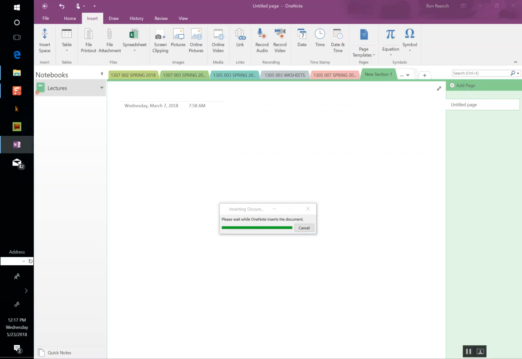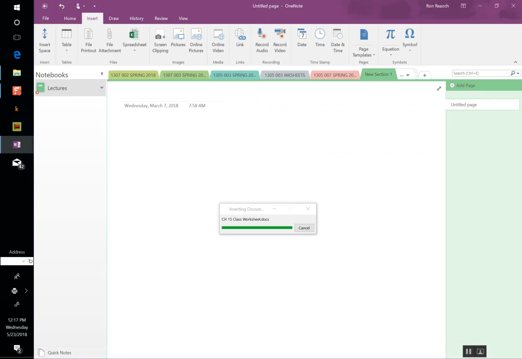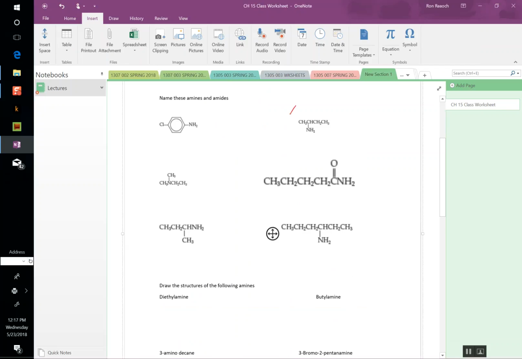For right now, this is how far we've gotten. So name this one, and you can name this one, and this one, and this one. Those 4. Don't worry about the other 2 yet. Those are amines. One of these is an amide, and one of them is a little bit more complicated amine. So go ahead and try to name those 4 amines.